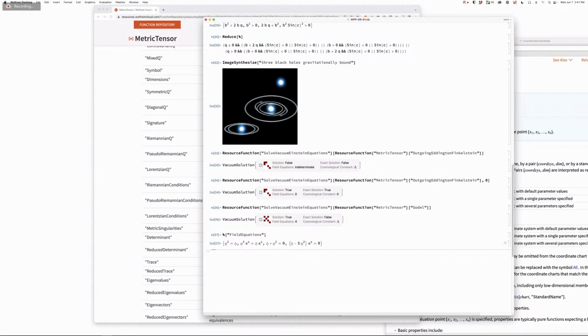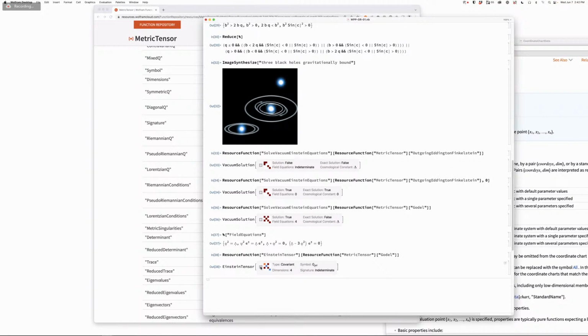Yes, for a given metric. If you call resource function Einstein tensor on a metric tensor, then you can compute it. Because then using the Einstein equations, you could say this is equal, modulo a constant, to T mu nu. Right, exactly, which is what solve Einstein equations does in generality.